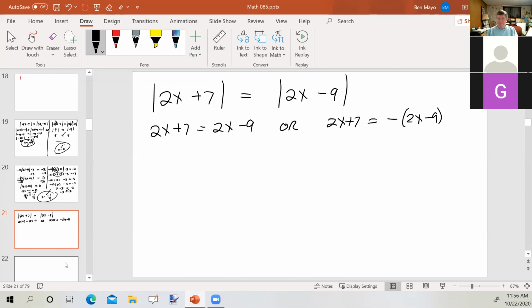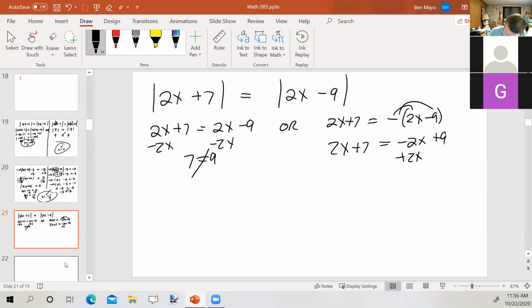All right. Solving the left equation, if I subtract 2x from both sides, I get 7 equals 9. Well, 7 doesn't equal 9, so this leads to no solution. But let's take a look at the other equation. Here I've got 2x plus 7 equals negative 2x plus 9.